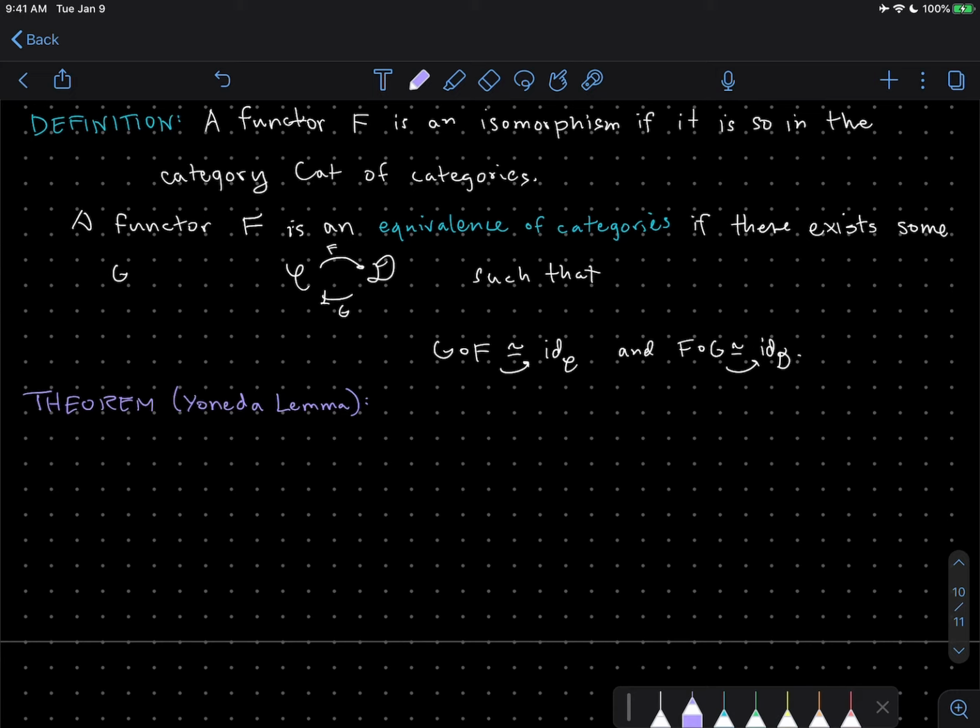The proof is going to be left as an exercise because it is a proof that everyone should do exactly once in their life. It's not difficult, you just have to chase some elements around. Okay, so the Yoneda lemma says, let C be a category.